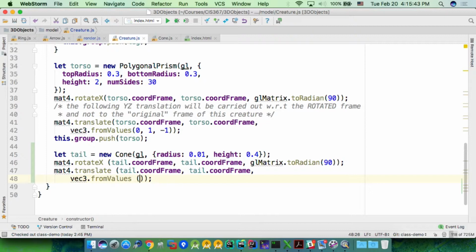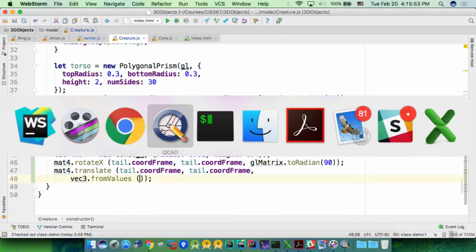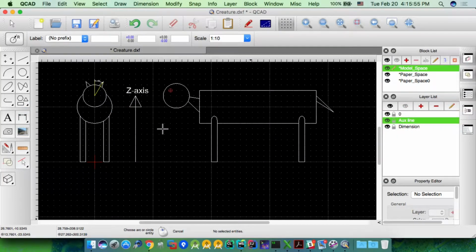Wait, do we want to rotate by a positive number or negative number? Oh, that should be negative. Negative number, right? Because the tip of the cone should be pointing that way. Okay, so we want to rotate by a negative number.